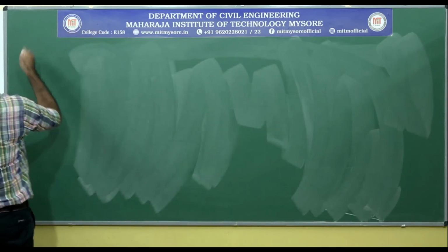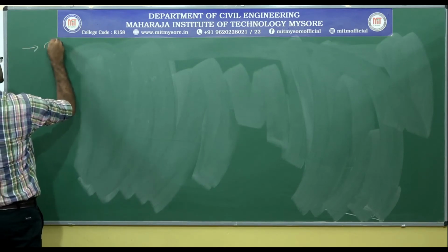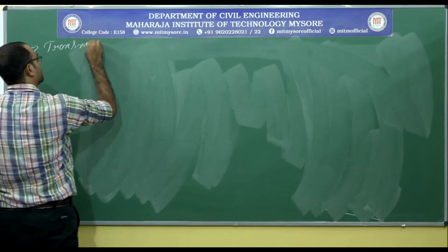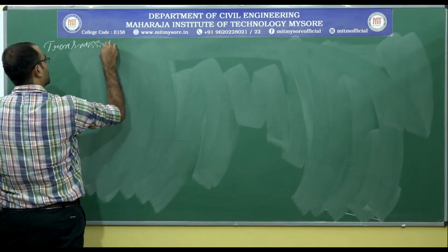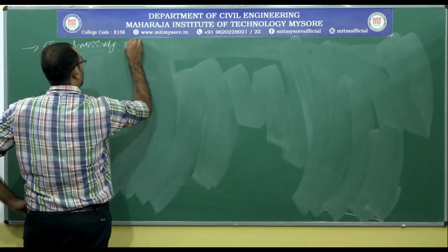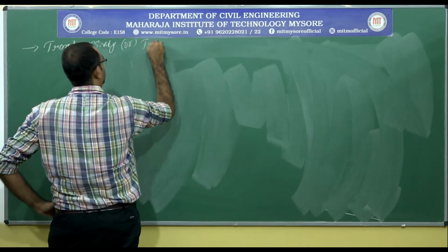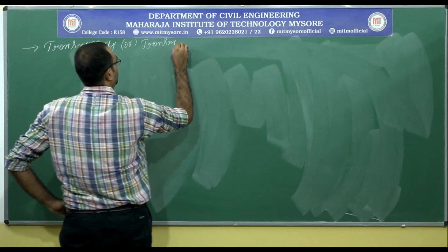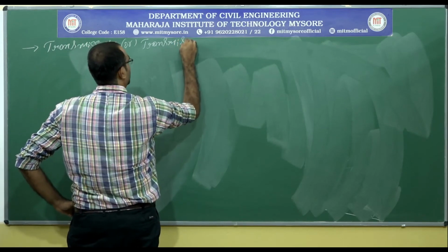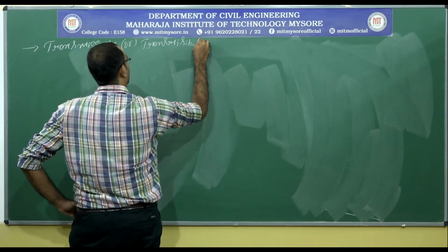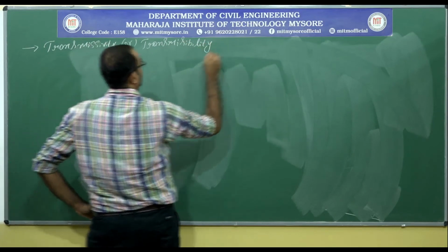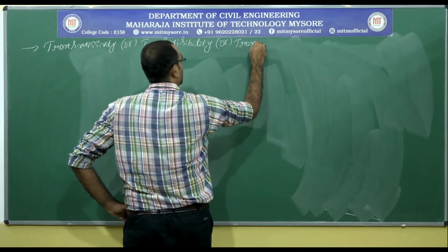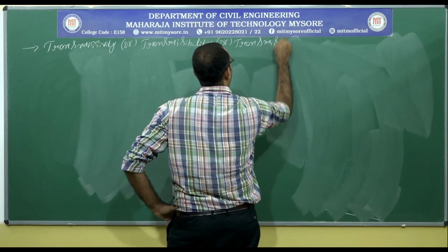The next measurable property of an aquifer is transmissivity, or it is also called transmissibility, or it is also called transmissivity coefficient.